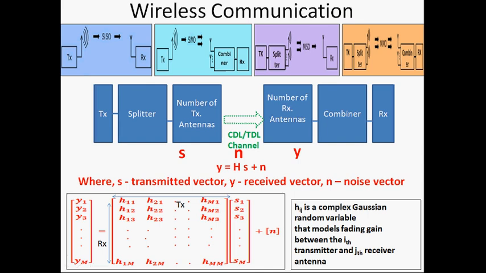Here it is the properties of the H matrix, or you can call it as the channel matrix. Now this is the basic communication system. If you are taking the single input single output, means only one transmitter antenna, one receiver antenna. If you are taking the MIMO wireless communication system, there you are going to place multiple transmitter antennas and multiple receiver antennas.